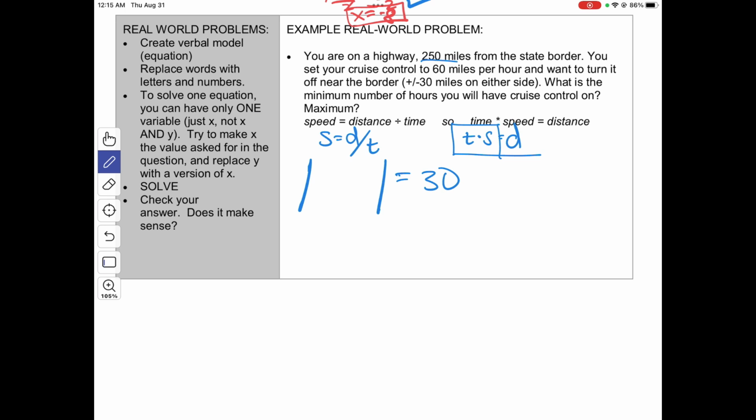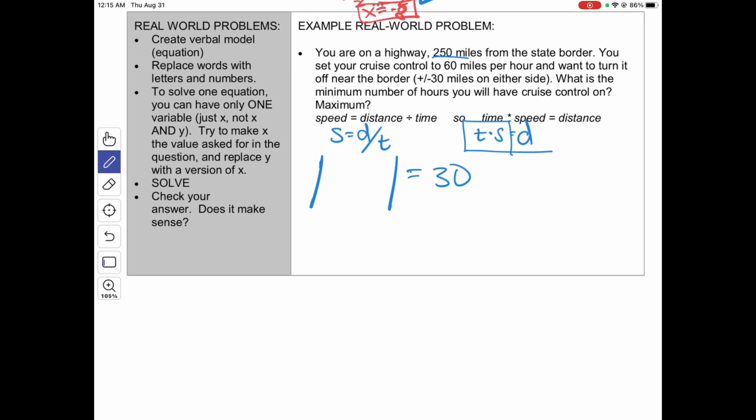Now, the distance that I travel, I'm going to be going 60 miles per hour, and that 60 miles per hour is my speed. And if I multiply that by the time that I'm traveling, then that will give me the distance. And I want that distance to be compared to 250.